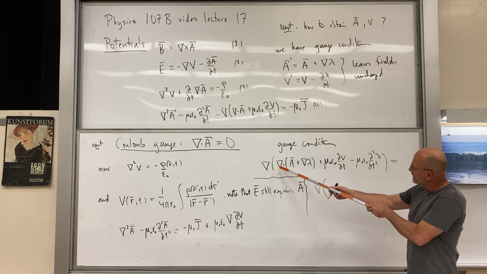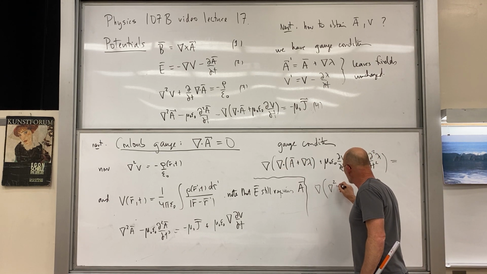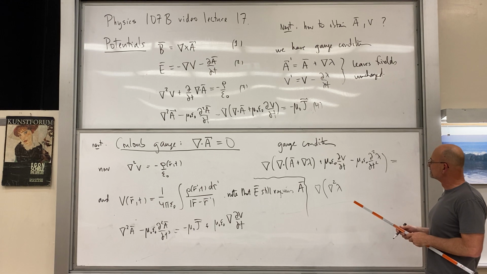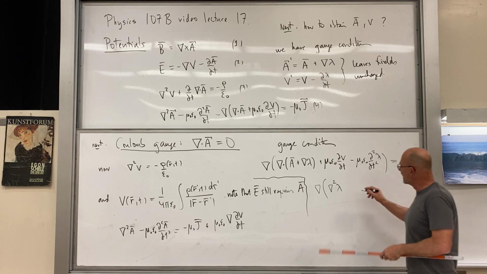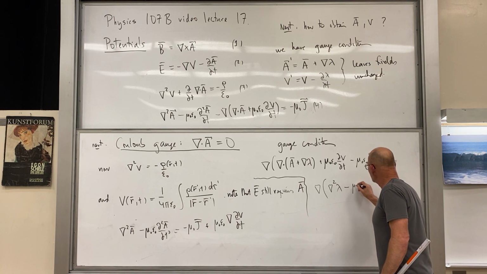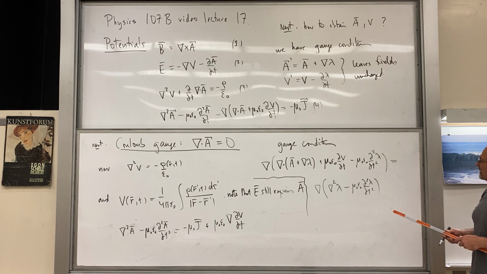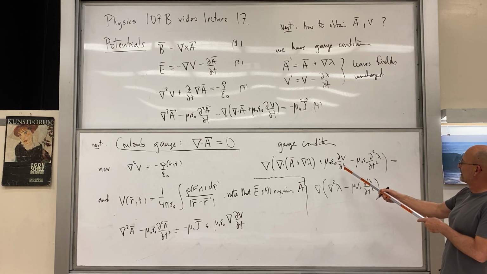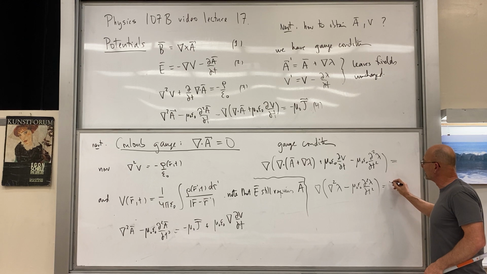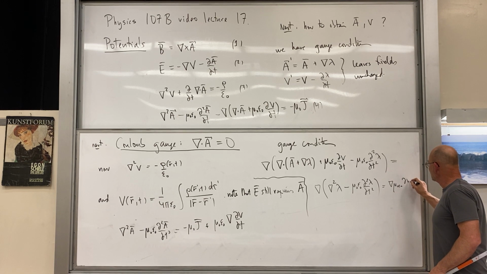We have del squared lambda and we have a minus mu naught epsilon naught d squared lambda/dt squared. Let that equal, and then I'll go ahead and say that equals gradient mu naught epsilon naught dV/dt.